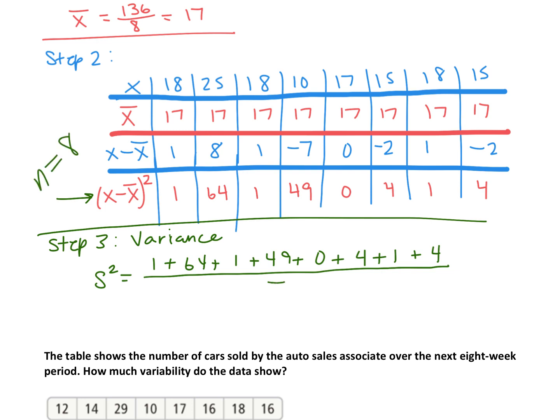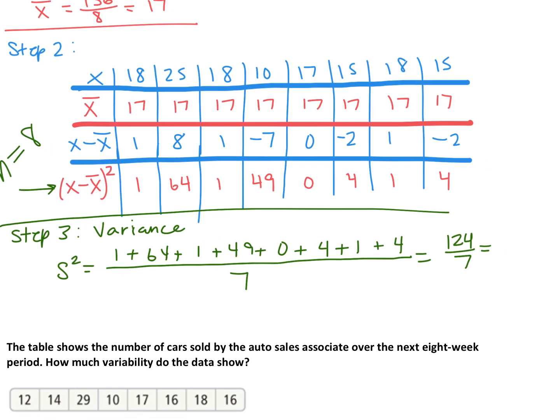So we are going to divide by 7. When we add all those together, we get 124 divided by 7 gives us 17.71. We're doing a little bit of rounding there. 17.71 is the variance.